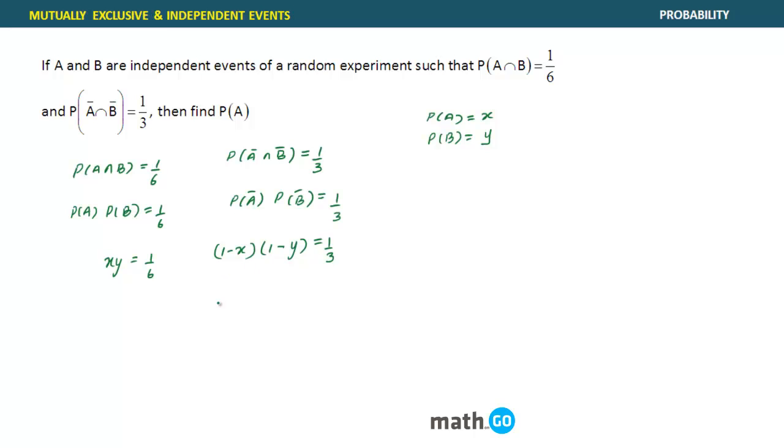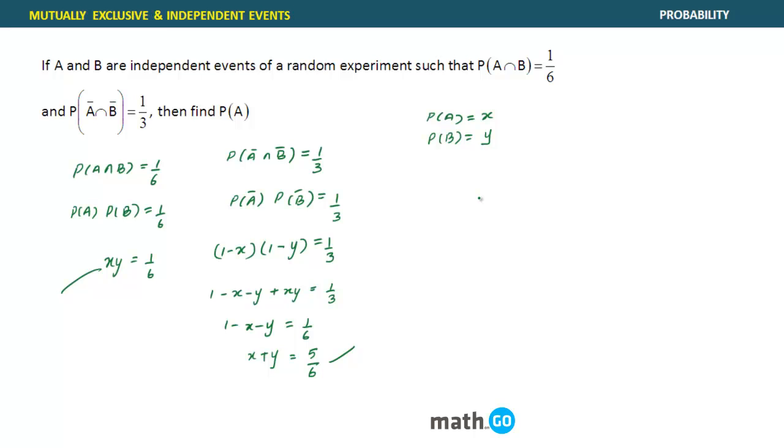If you try and solve this, it becomes 1 minus x minus y plus xy equal to 1 by 3. If I send xy over that side, it will be 1 by 6, and x plus y is nothing but 5 by 6. So this is my first equation and this is my second equation.